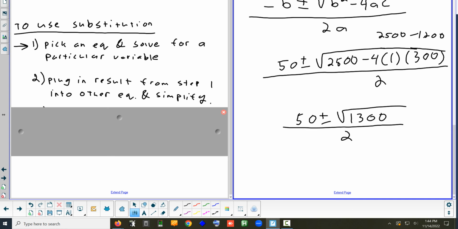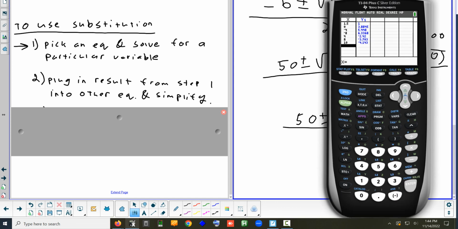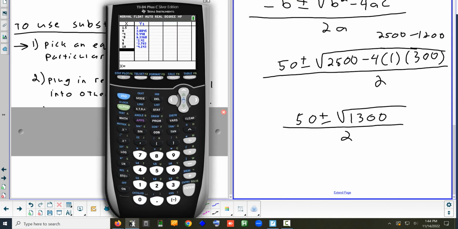And I know the square root of 1,300 doesn't have a nice answer. That's why we couldn't factor it. And not every problem ends up being a quadratic. Just this one did. A lot of times they don't. Okay, let's write down our 2 answers.